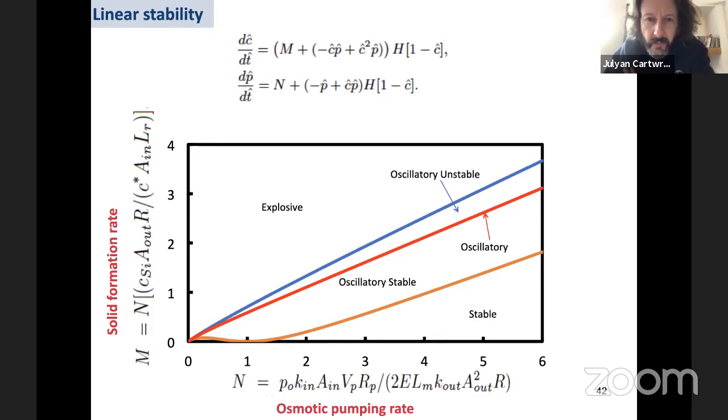And then with this reduced set of equations, we can perform a stability analysis, and we see that there are different regimes depending upon the osmotic pumping and depending upon the formation of solid. So there is a stable regime, an oscillatory but stable regime, an unstable regime, and a completely unstable explosive regime as the parameters of the system change.